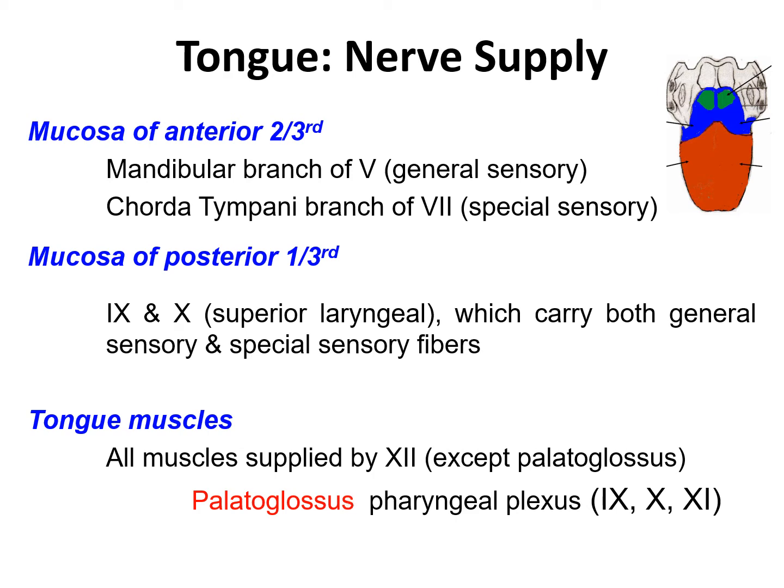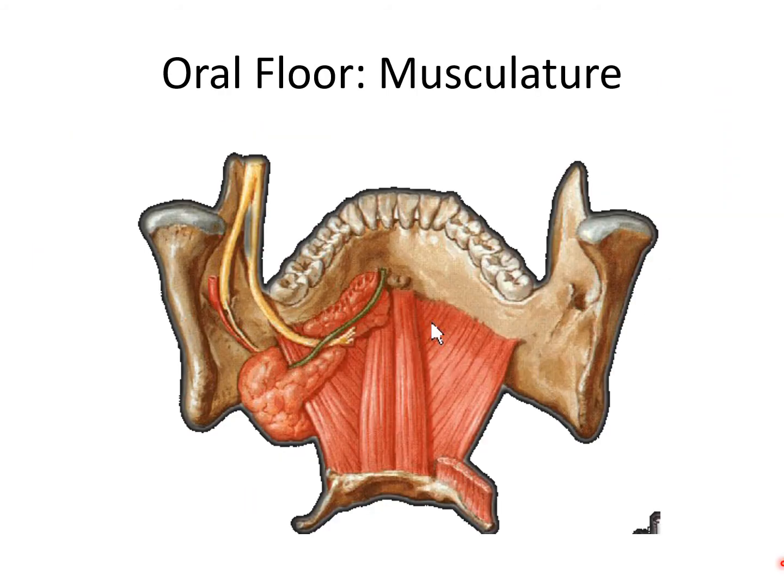So I've shown you this image in my presentation on the mandibular nerve as well. This is quite a useful image which shows the medial aspect of the mandible, including the body and the ramus, and you can see a variety of structures.